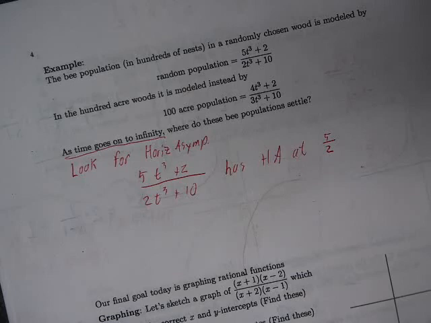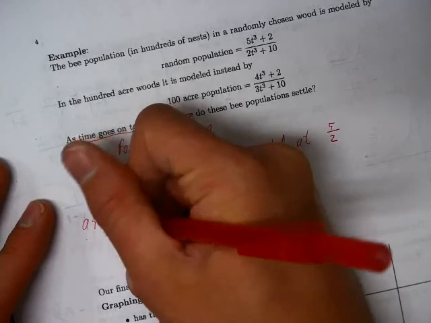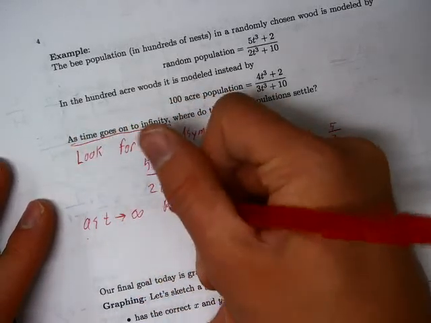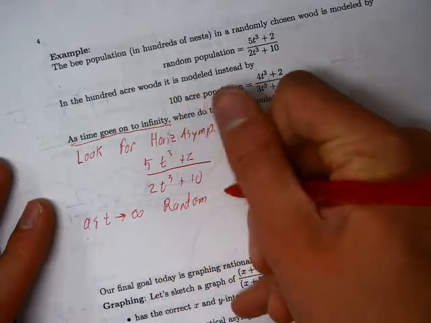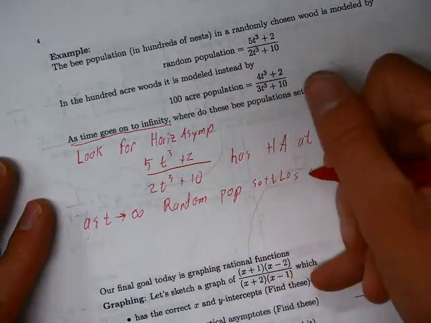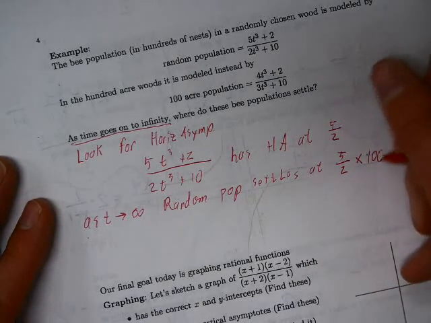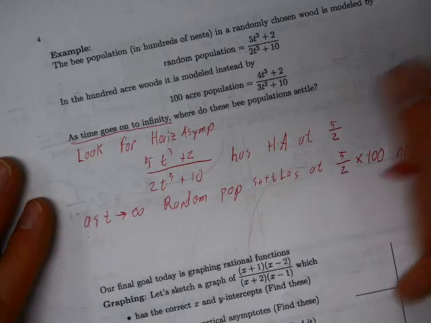Well, it's like that, right? It's 5 halves, but what are the units that I should associate to it? In hundreds of nests. So as time goes to infinity, the random population settles at 5 halves times 100 nests, which I guess you should simplify as just being 2,500 nests.